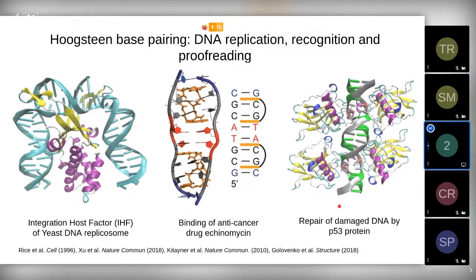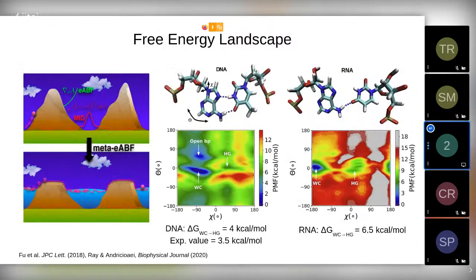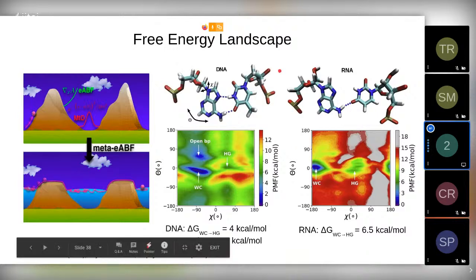So it might be possible that these are the regions where these proteins or drugs bind. So it is very important to understand these base pairs and how they are generated, starting from a Watson-Crick structure. So we performed molecular dynamics simulations for both DNA and RNA to see how the Hoogsteen base pairs form in both cases.